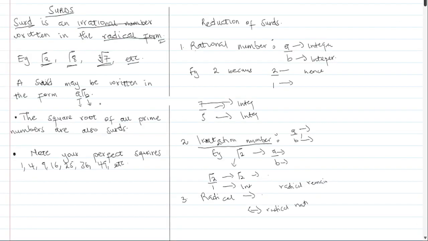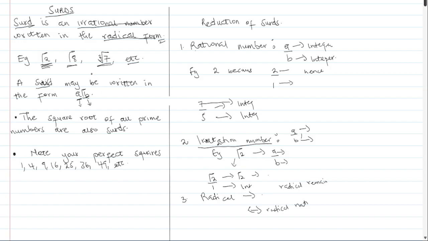Okay, so let's move on. Let's take root 2 as an example. The square root of 2 cannot be represented, as I've talked about, in the form a over b, hence it is a surd. Now we say a surd may be written in the form a root b.